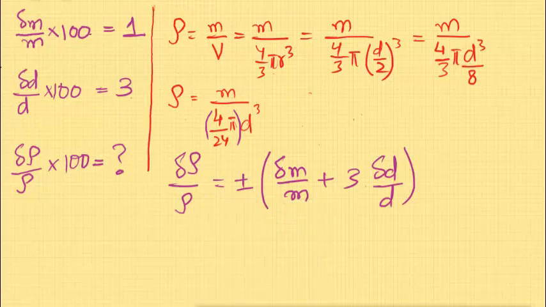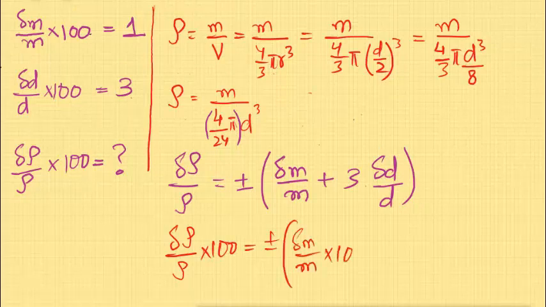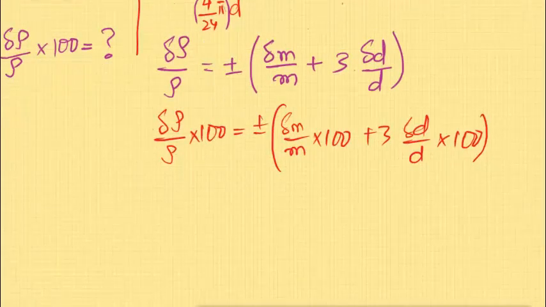So you see, if I multiply, error in density over density multiplied by 100 equals plus minus error in mass over mass multiplied by 100 plus minus 3 times error in d over d multiplied by 100. So what I have done is that I have multiplied the whole equation with 100. Now this will help me figure out the percentage error. Now this is something that I need to figure out. So I leave this as it is.